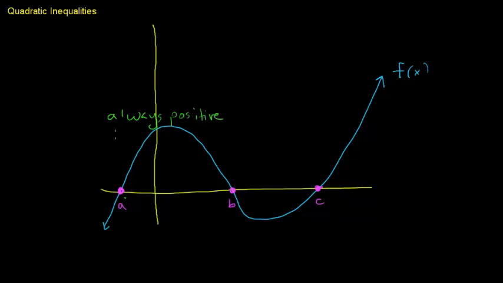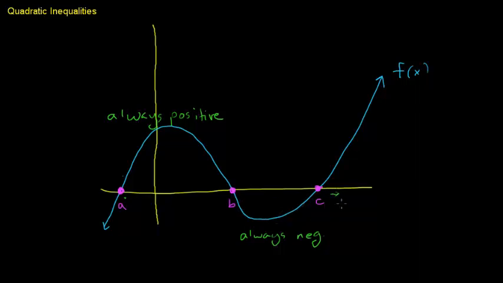In particular, it never changes sign. It's positive at one point, it's positive at every point between A and B. In between B and C, it's always negative, and more importantly, it never changes sign. It's negative at one point, it's negative at every point.